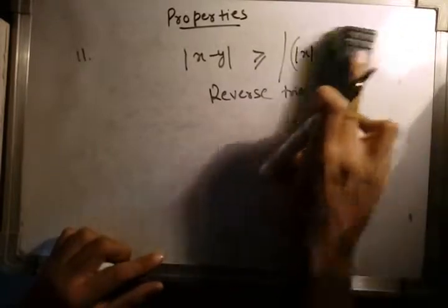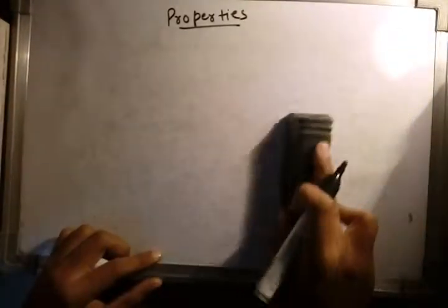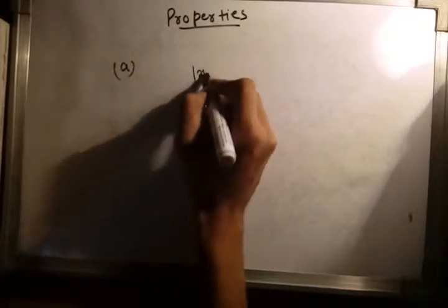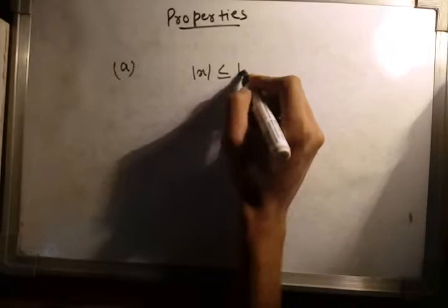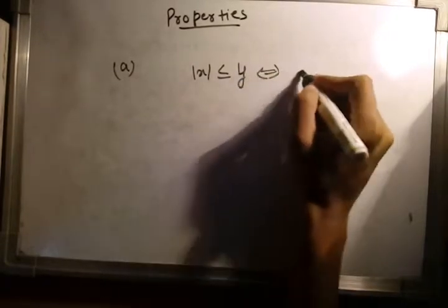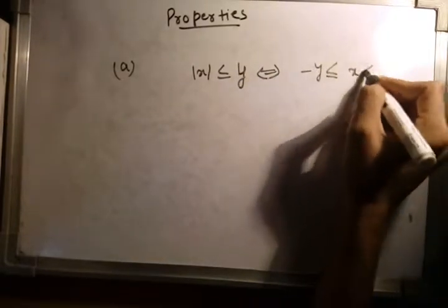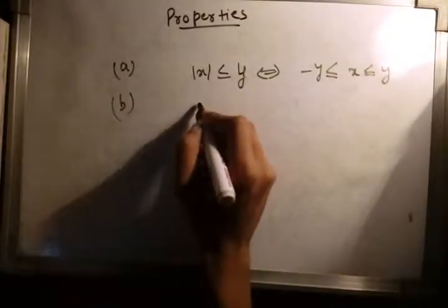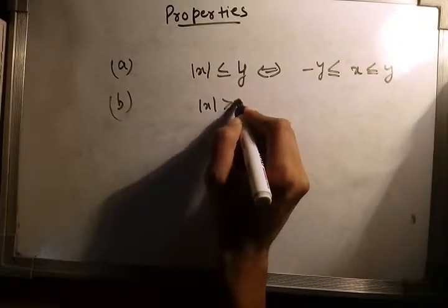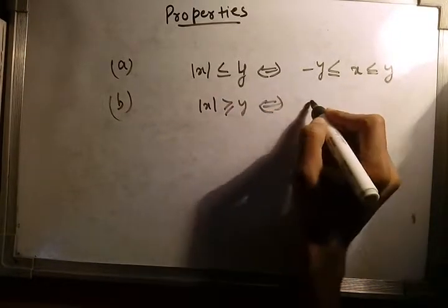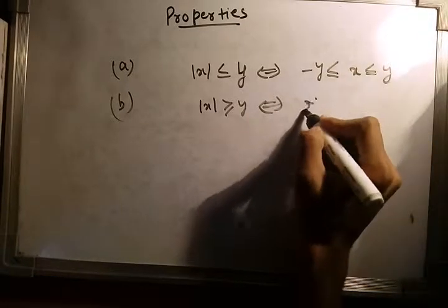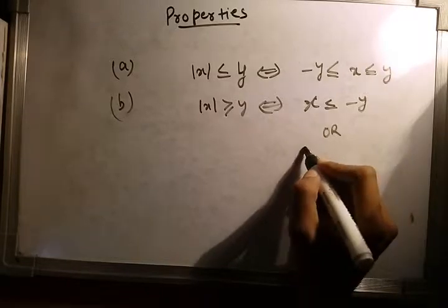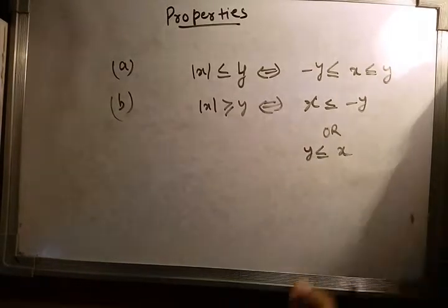Now here are some very basic and quite evident properties also. Like the first one is, |x| less than or equal to y, which implies that -y is less than or equal to x, which is less than or equal to y, and if |x| is greater than or equal to y, which implies that x is greater than or equal to y or x is less than or equal to -y.